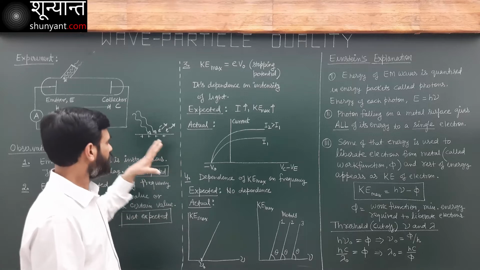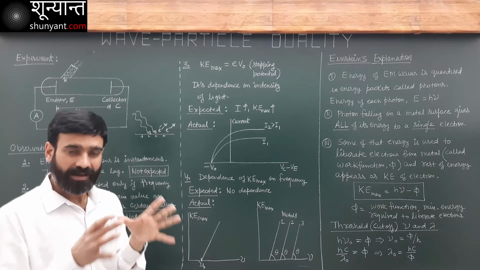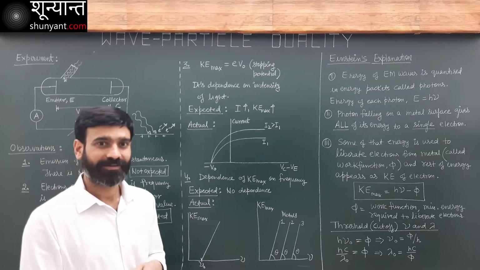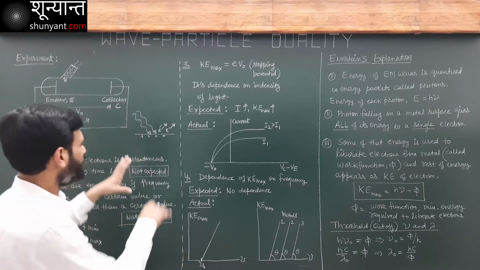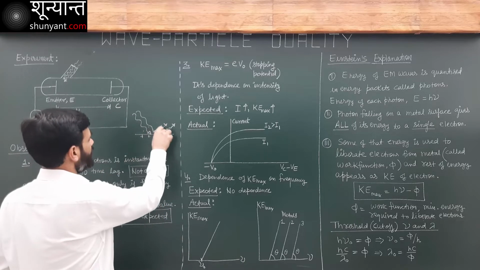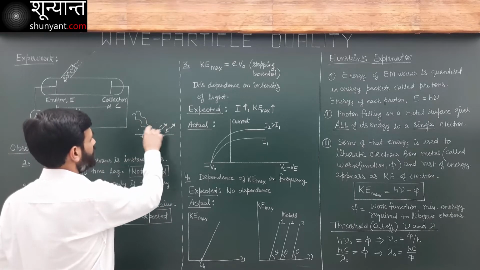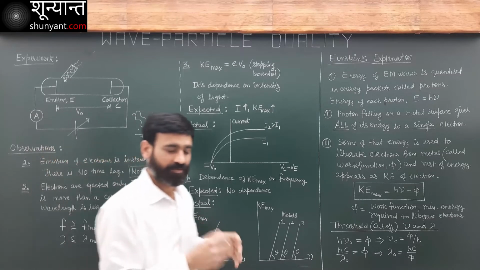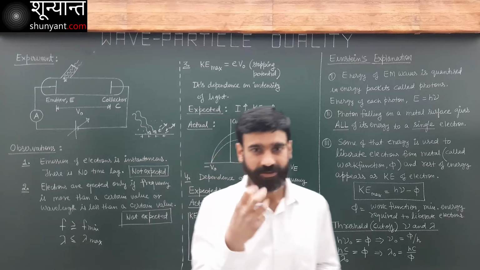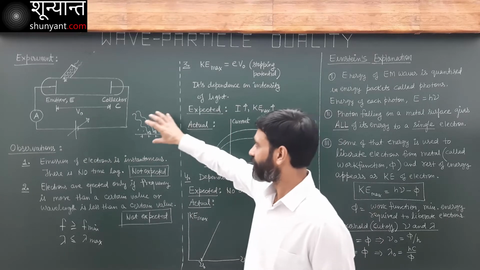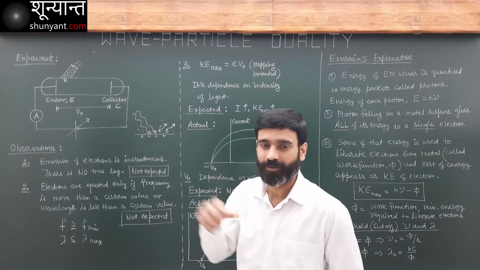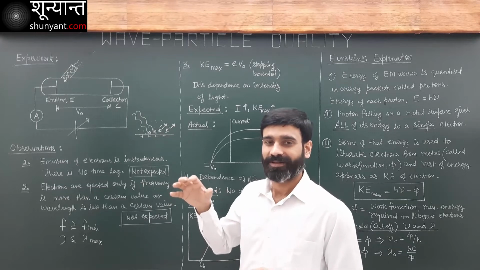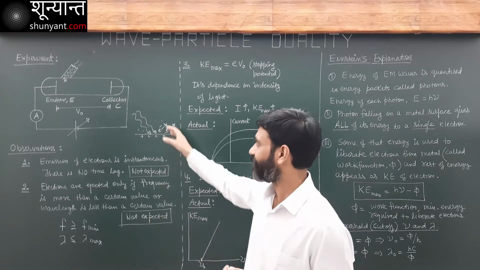So if I do not make any arrangement, these electrons are going to gather around it. They will not go far from this metal plate because it becomes positively charged. Electrons will be attracted back, so they will make an electron cloud around this metal plate.